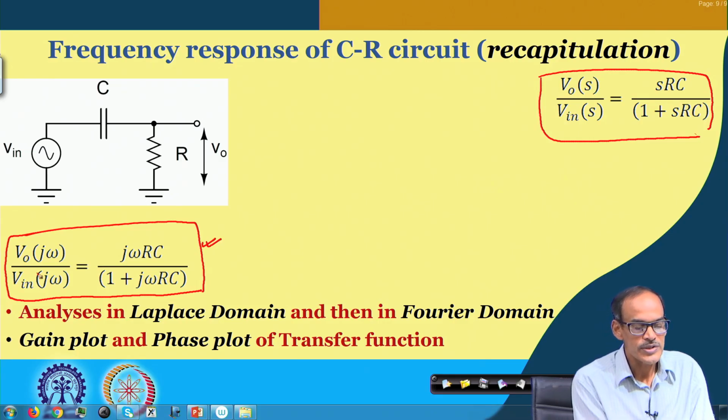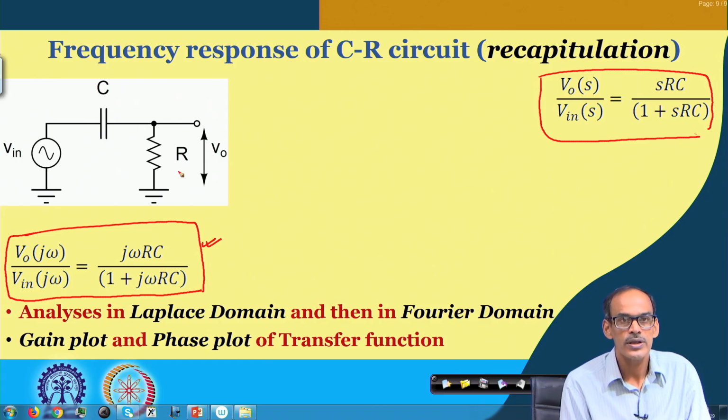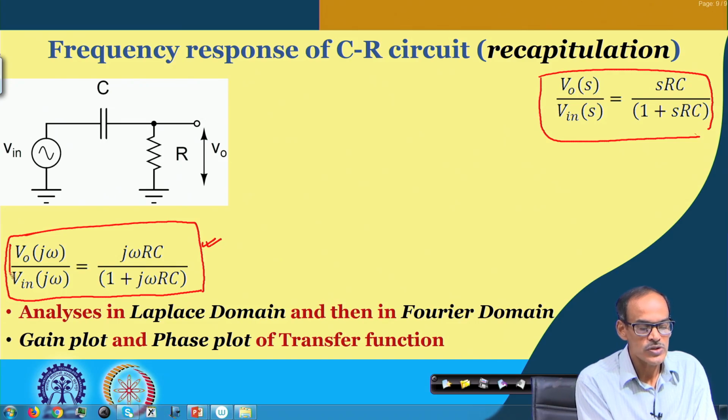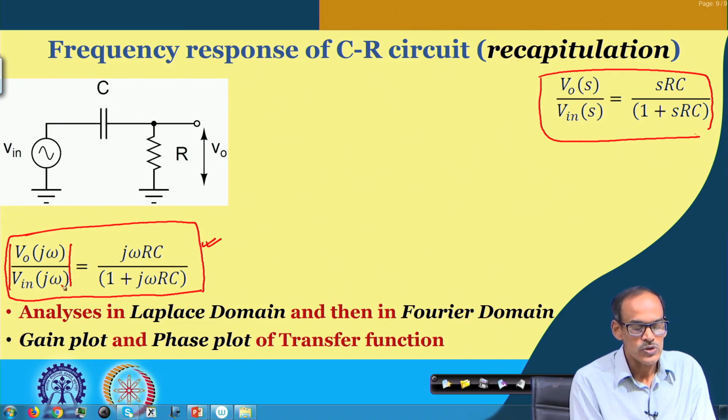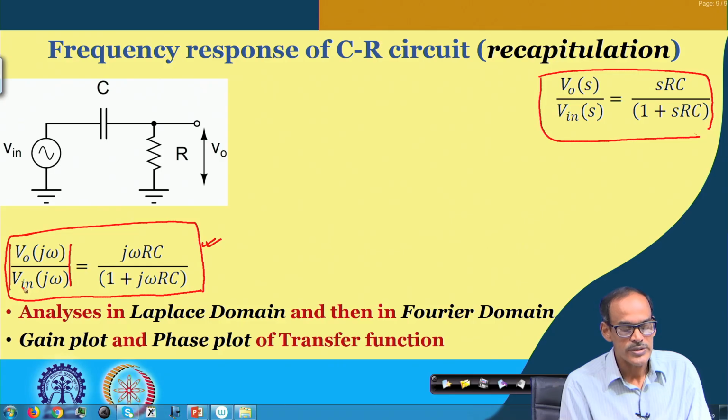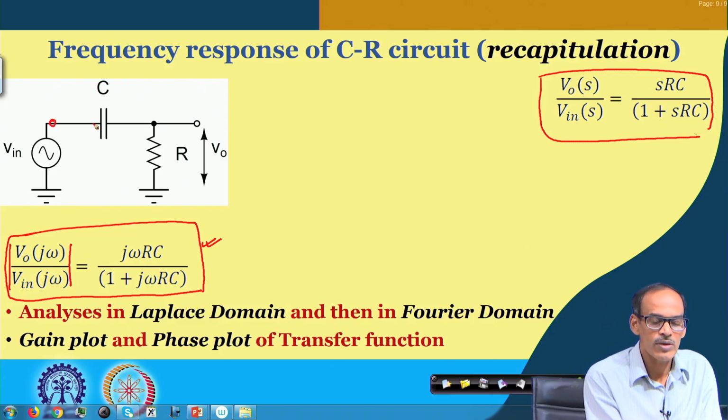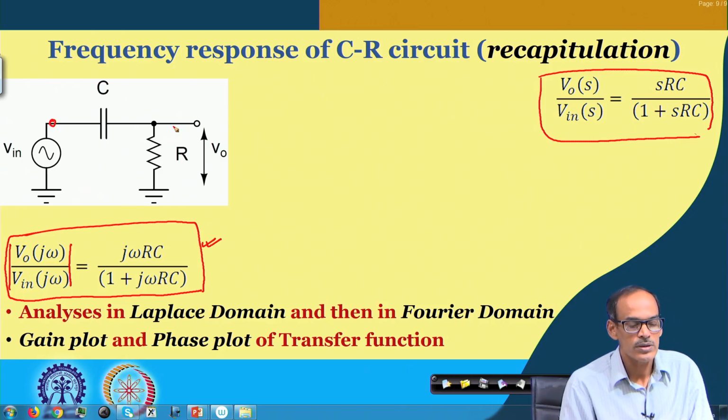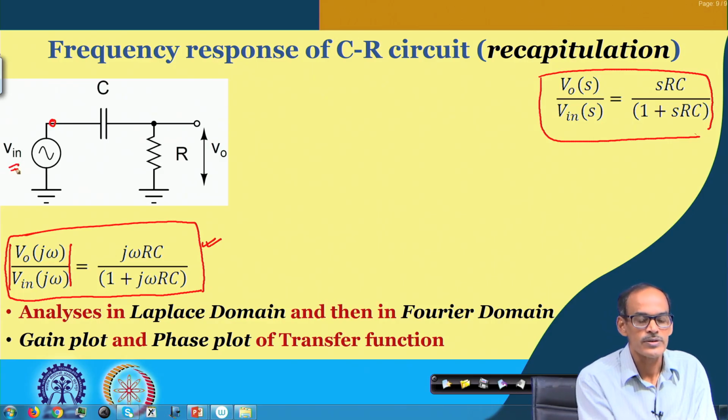Now, if this is the input to output transfer function in the frequency or Fourier domain, it is a complex number, and if we consider its magnitude and phase, then we can see how the network behavior changes with the frequency of the stimulus.